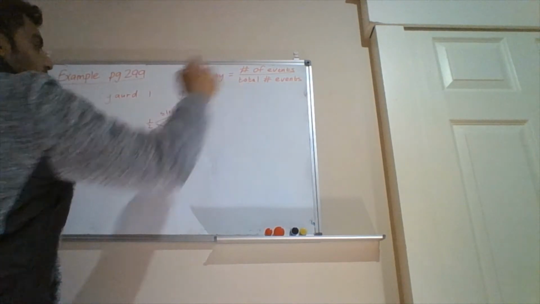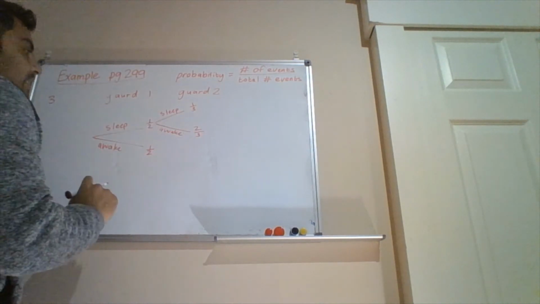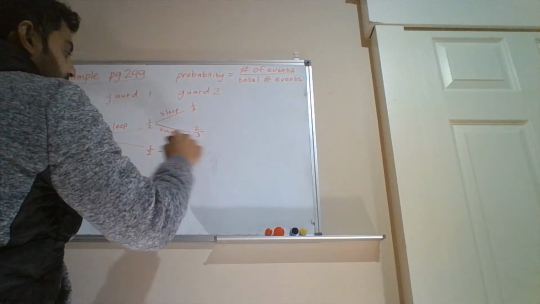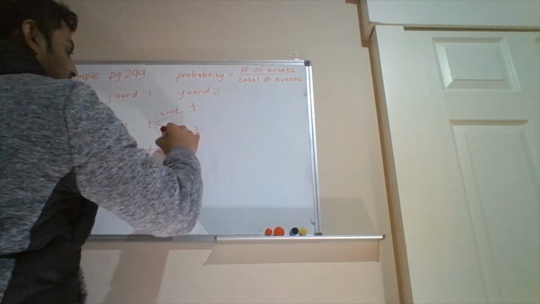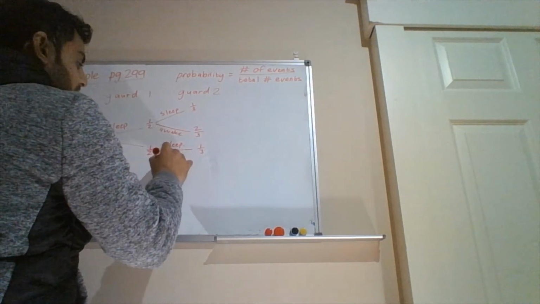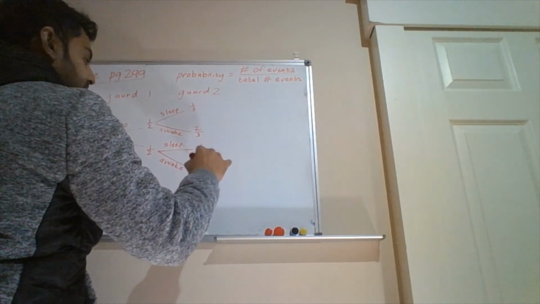So this is for guard 2, and his possibilities branch out from the possibilities of the first guard. So we do our last branch here. The probability that the second guard is asleep is a third, and the probability that the second guard is awake is 2/3.